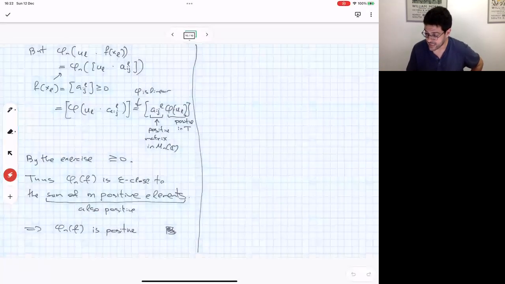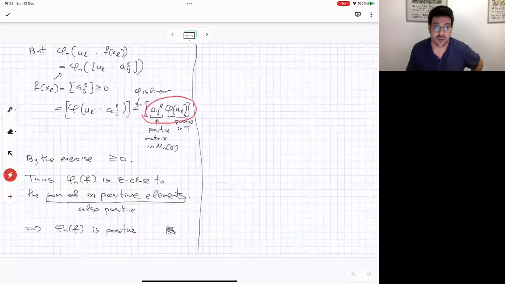This is what I explained here, maybe in too many words. When you do it on each of the summands, you get something that is positive. So eventually you showed that phi_n of f is approximated by the sum of m positive elements.